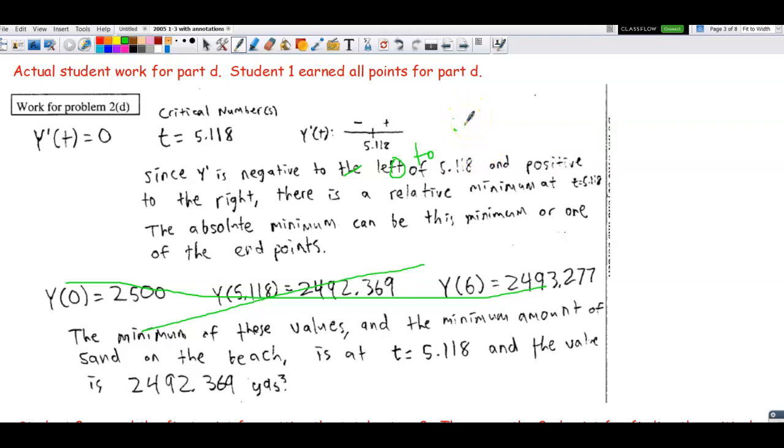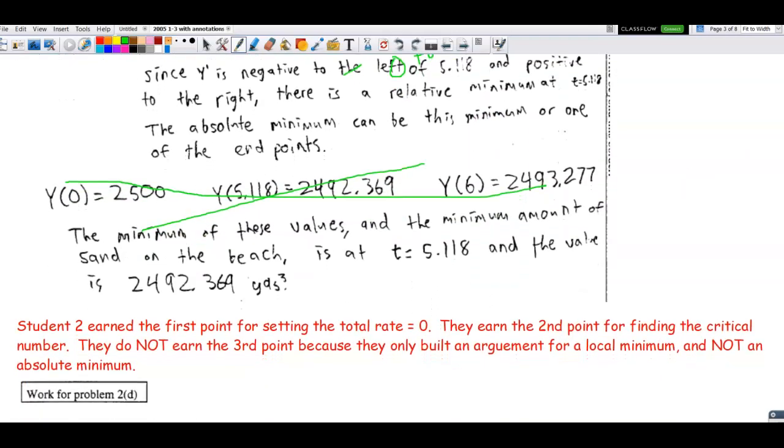Therefore, the amount of sand at 5.118 is less than the amount of sand at 0. The derivative is positive from 5.188 to 6. Therefore, the amount of sand on the beach is increasing, and the amount of sand on the beach at 5.188 is less than the amount of sand at t equal to 6. That would do it as well.